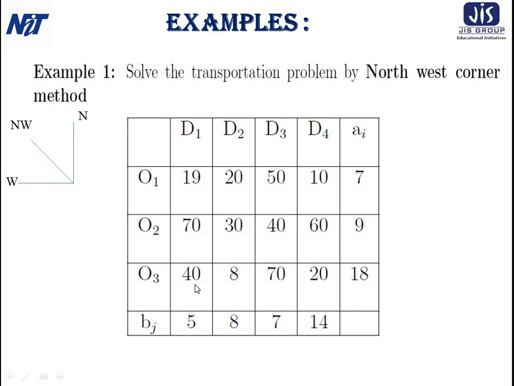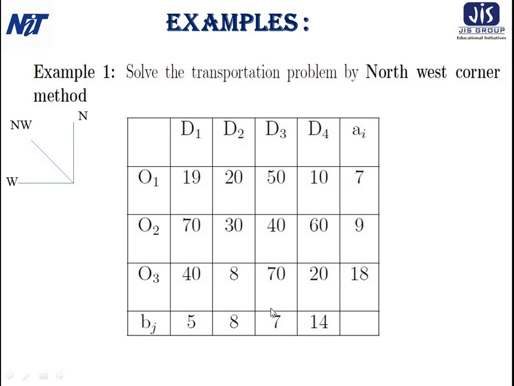So now what is the corresponding northwest corner cell? The corresponding northwest corner cell is 20. In this way, we have to allot in the cell 20. If we allot in this cell, what is the corresponding available unit? 7 minus 5, that is 2, and the corresponding requirement unit in this destination is 8.